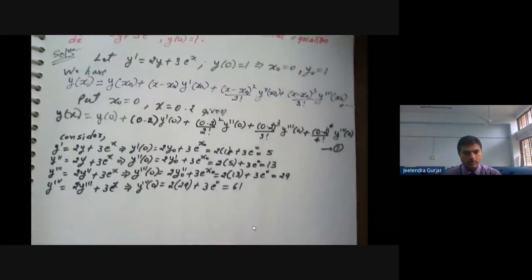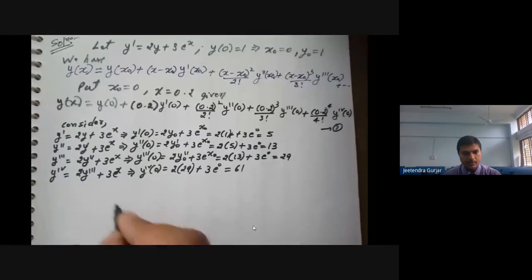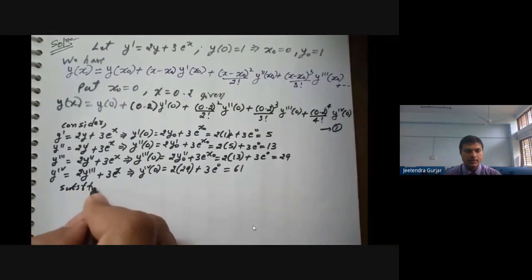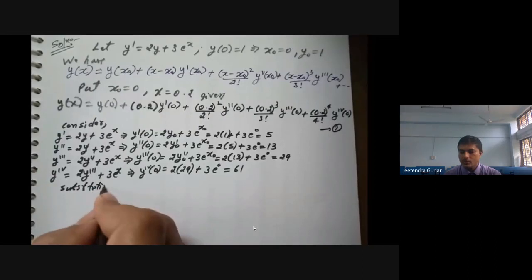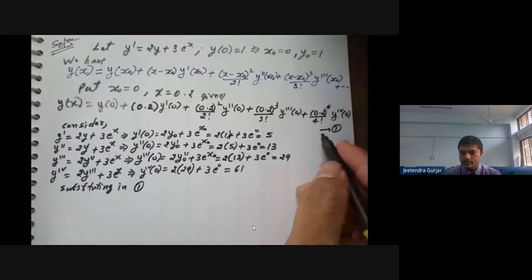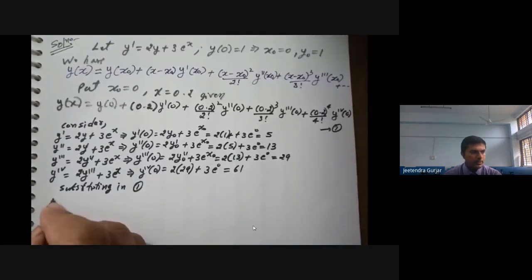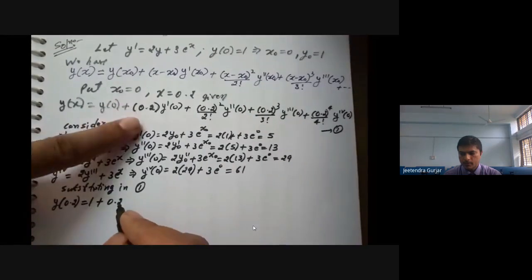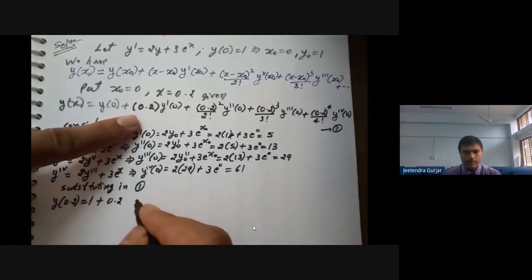So like this, students, I think many of them have already got the answer. I'm very happy. So substituting this in equation 1, this is our equation 1. So y of 0.2 is equal to 1 plus 0.2 into 5, that is y', our first value of iteration.